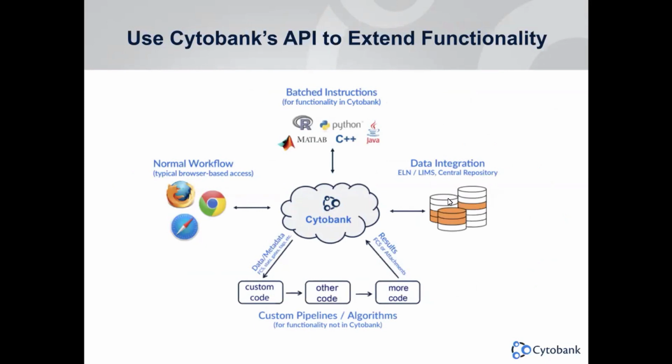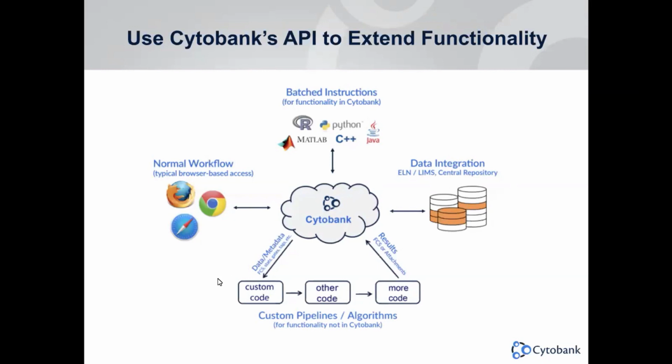You can also use this interface to communicate with the electronic lab notebook or LIMS system. So the communication and transfer of data and information between those systems becomes an automated process.